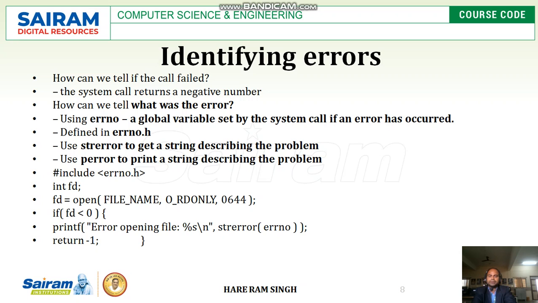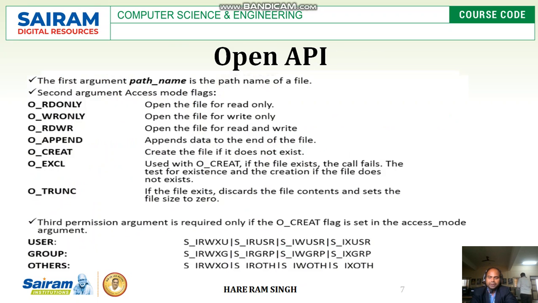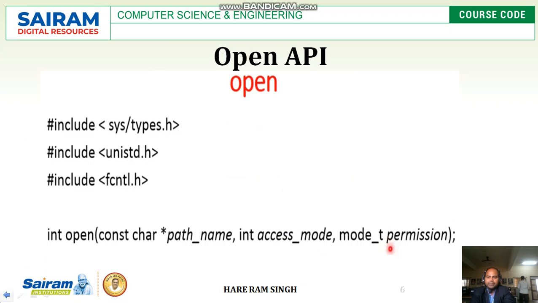Then in this one, let us see what different errors can occur. How can we tell if the call failed? Suppose we have called an API and it has failed, then how can we tell? The system call returns a negative number. As you know, the return type is integer, so it can return 0 or a negative number.